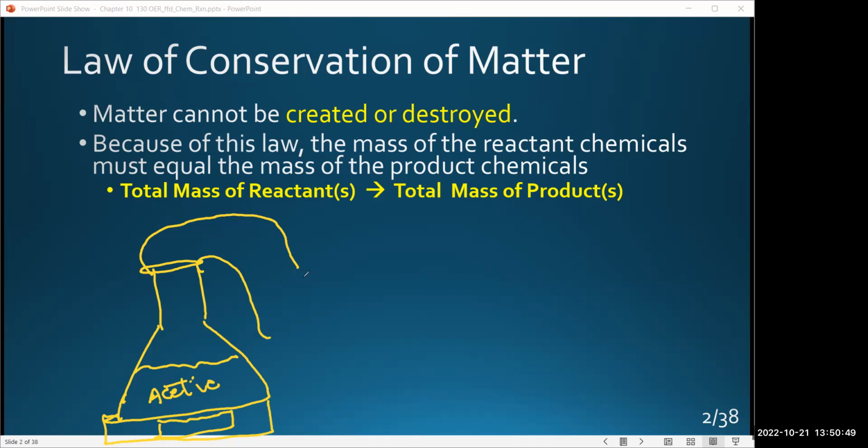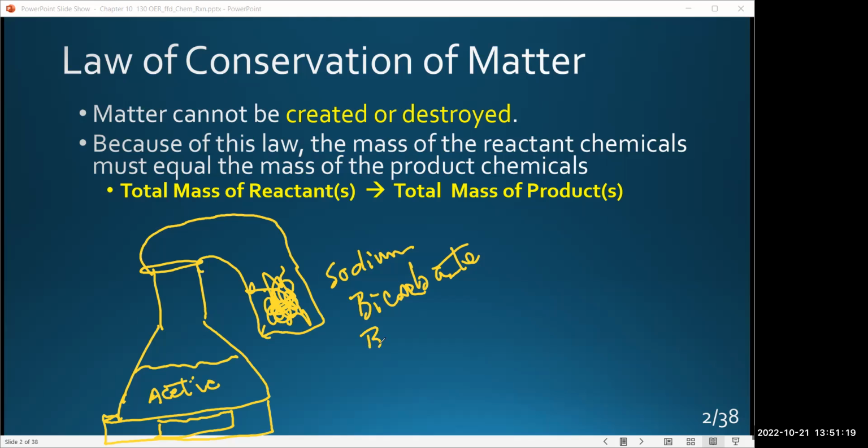In that balloon, we would put some sodium bicarbonate, good old baking soda. So we have the vinegar, and in the balloon hanging to the side, the sodium bicarbonate, which is a base.